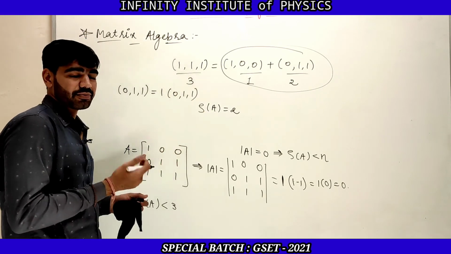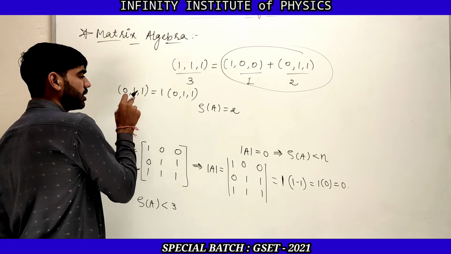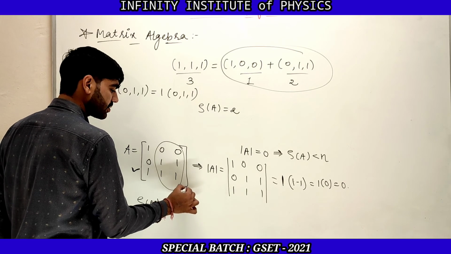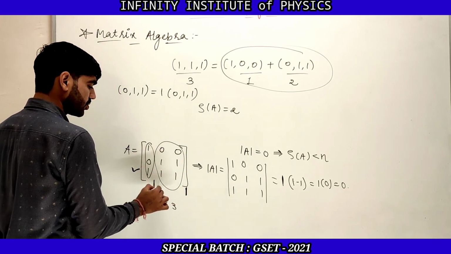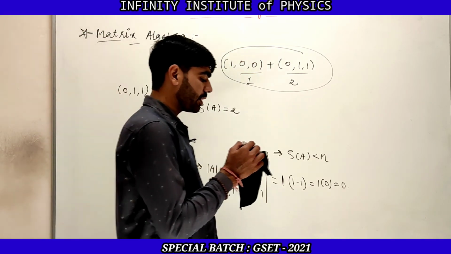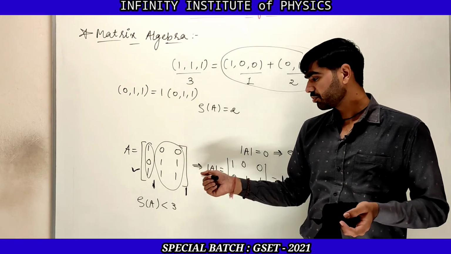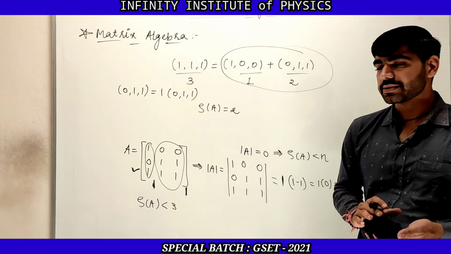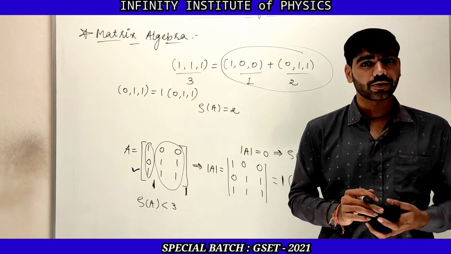So the second column is a multiple of the third, or the third column is a multiple of the second. So this will give rank 1. This is considered as one, and this is considered as the second. So this will give rank 1, this will give rank 1, and the total rank will be 2. This is in an informal way, not the direct method. Clear? So this is how we can get that rank is equal to 2.